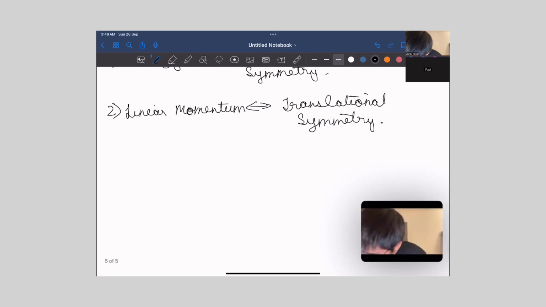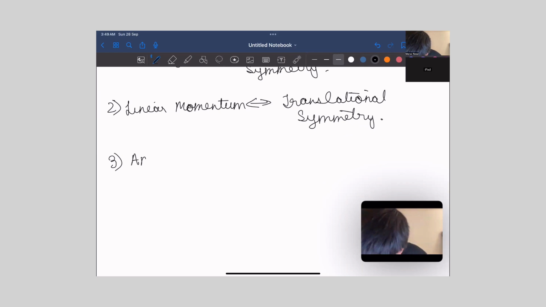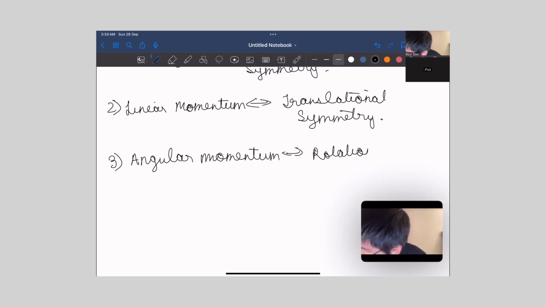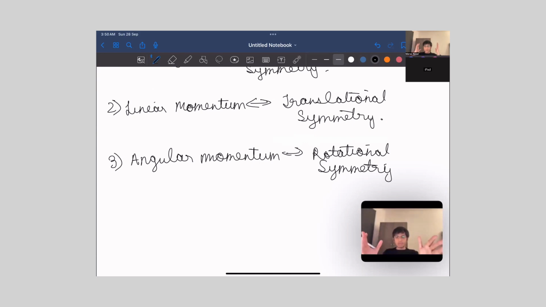Now, the last one, angular momentum, the juicy one. Angular momentum is conserved when there is a rotational symmetry. What does this mean? If I were to perform an experiment facing the camera and I get some results, and if I were to turn back and perform the experiment over here and get the same results, that means the system has a rotational symmetry.